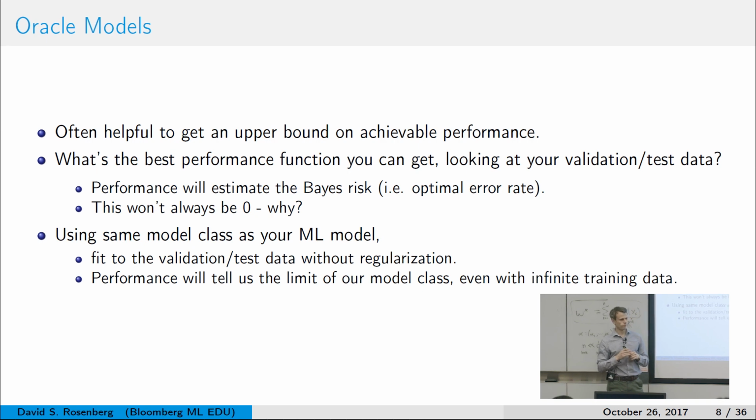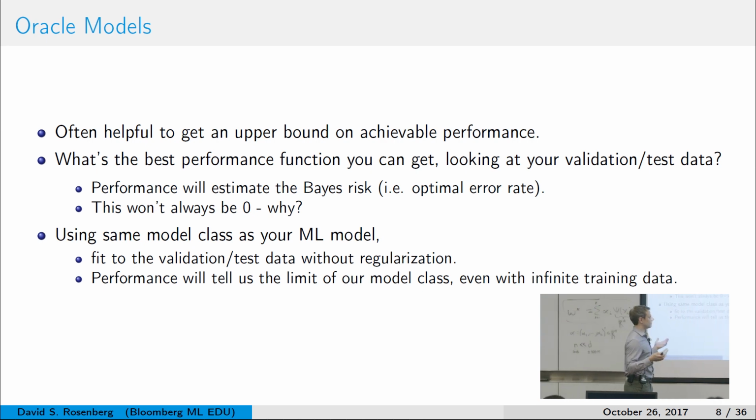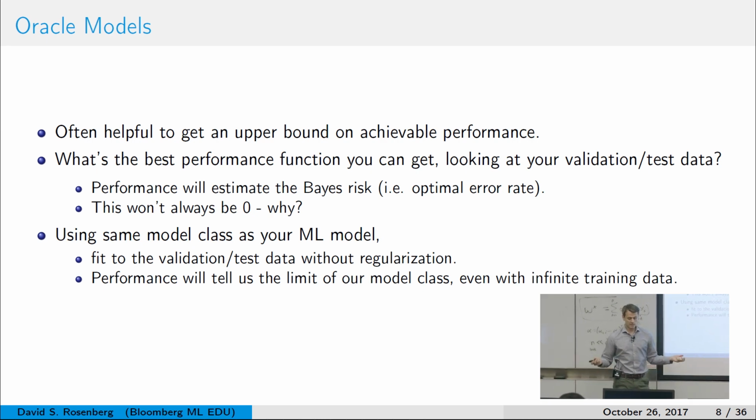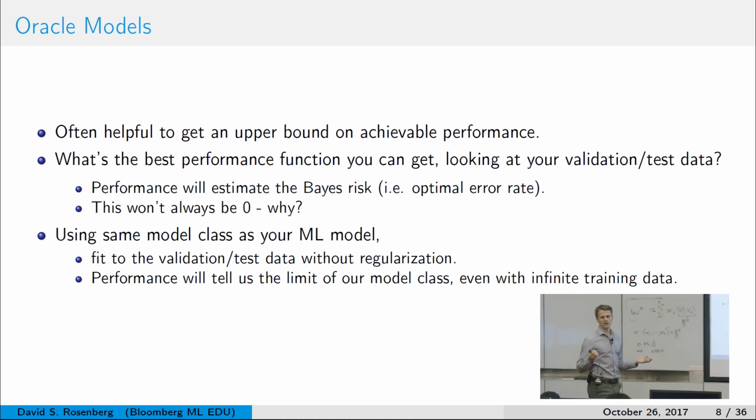Is that clear? The reason that your fit to the validation data doesn't do as well as you'd like means that the hypothesis space that you're pulling that prediction function from isn't rich enough. It just can't fit the validation data as well as you would like.